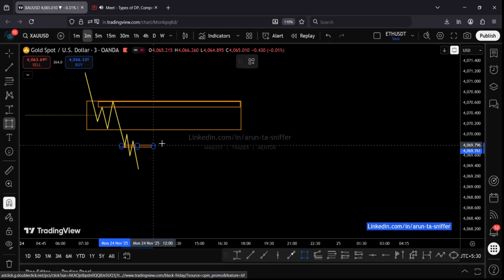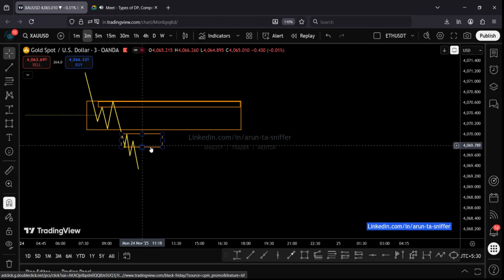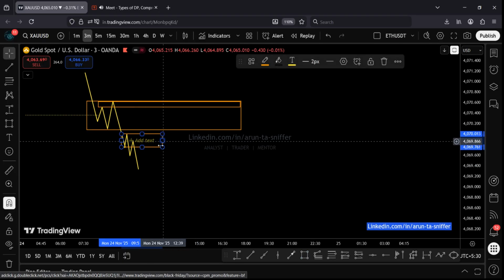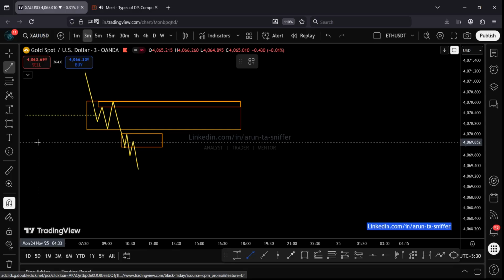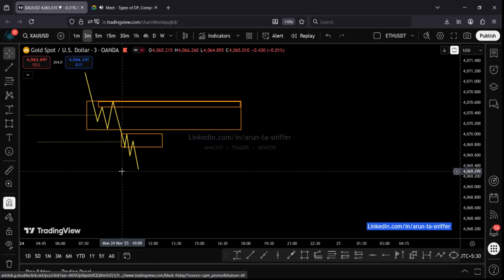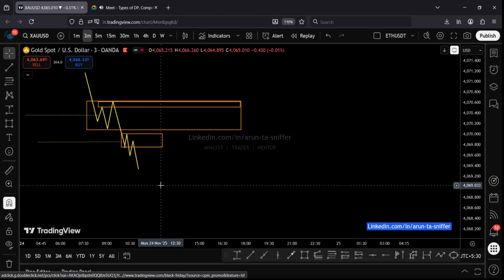So what will price do? Here is our FL, right? Did you get why this is FL? Because this holds the price down. There may be a level here, right? This becomes first FTR, then FL, and what happens?